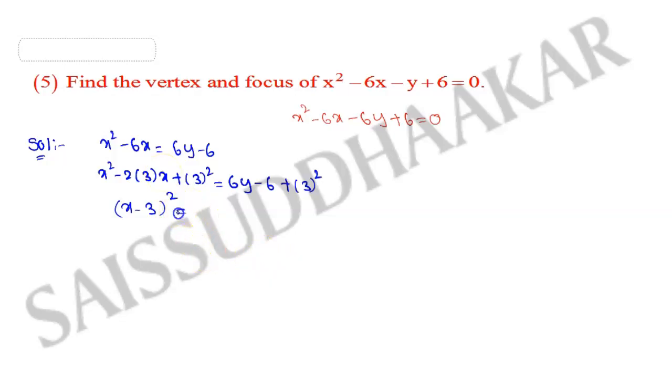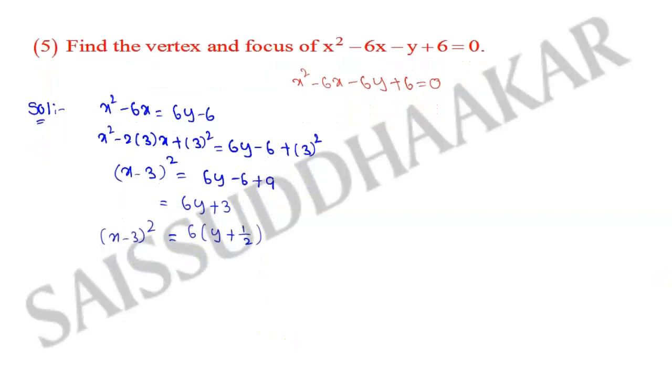So here the leftover value is 6y minus 6 plus 9, which is nothing but 6y plus 3. Here I need to take common 6, the coefficient of y, whatever it may be. 6 into y plus 3 by 6 goes to 1 by 2. So this is x minus 3 whole square is equal to this.